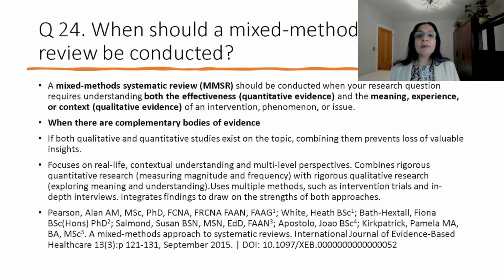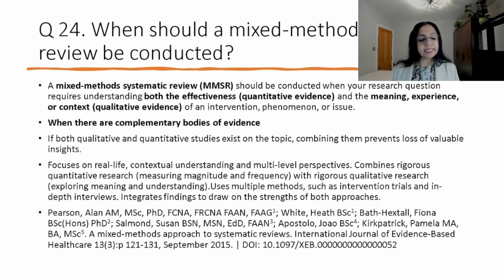When there are complementary bodies of evidence, if both qualitative and quantitative studies exist on the topic, combining them prevents loss of valuable insights. So we can get the perspective and the advantage of both qualitative and quantitative types of studies. This focuses on real life contextual understanding and multi-level perspectives.